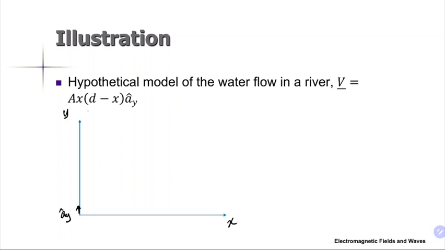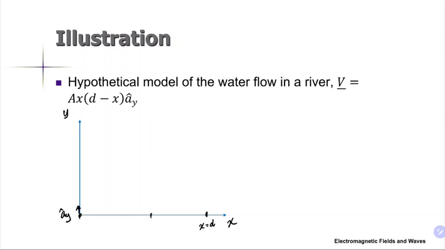If you look at this equation, when x equals 0, then V will be equal to 0, which is here. When x equals d, if I substitute x equals d, this equation is also going to be 0. So this is one side of the bank, and this is the other side of the bank of my river.